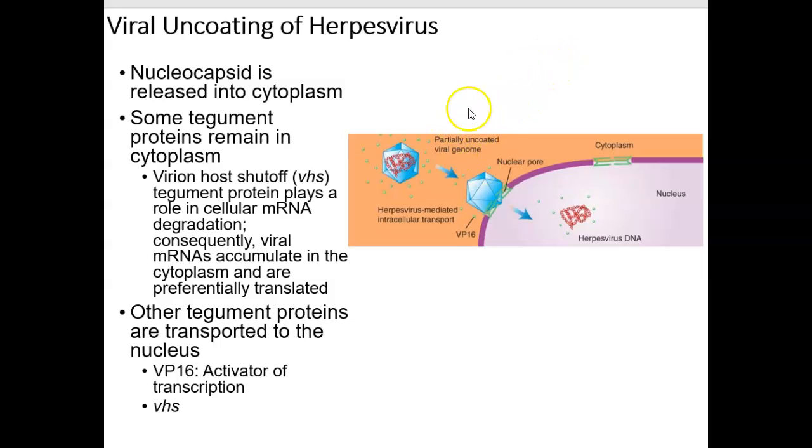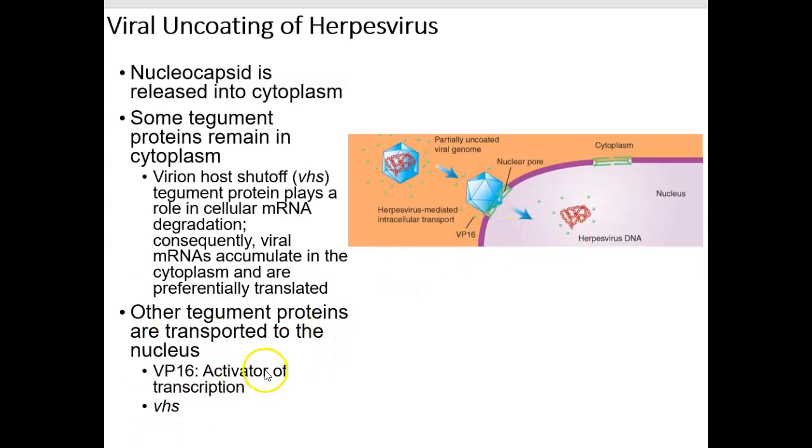So some tegument proteins are going to help shut down host translation, and some are going to help co-opt the cytoskeleton and allow trafficking of the viral nucleocapsid to the nucleus. Some tegument proteins are going to be responsible for initiating transcription.